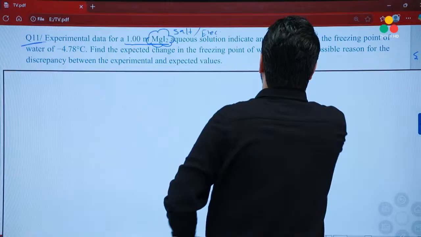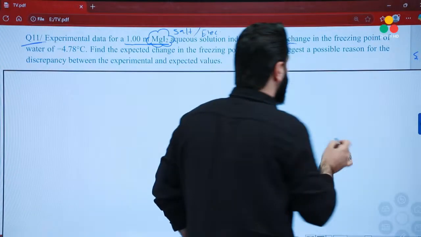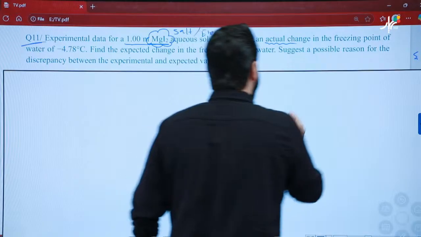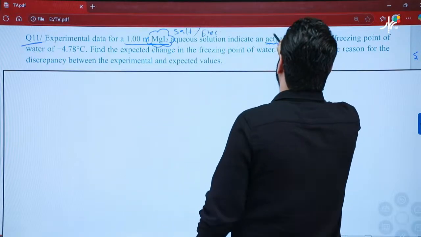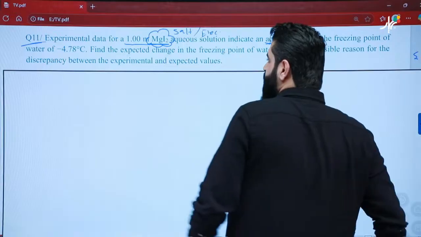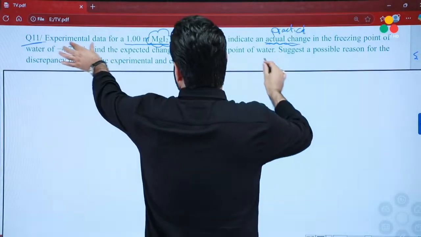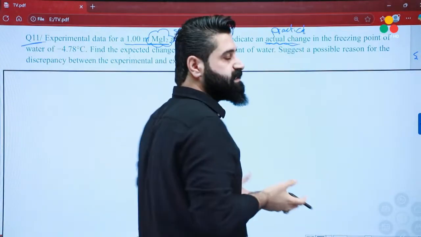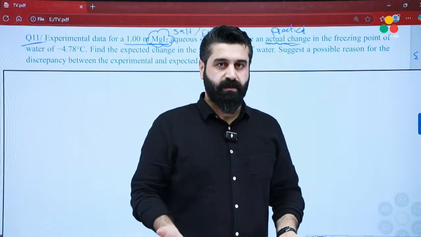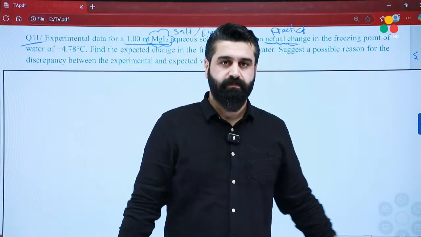It has been observed that an actual change in freezing point. Actual means practical. Look, the experimental data. Experimental means practical things that are going to be done in the lab.